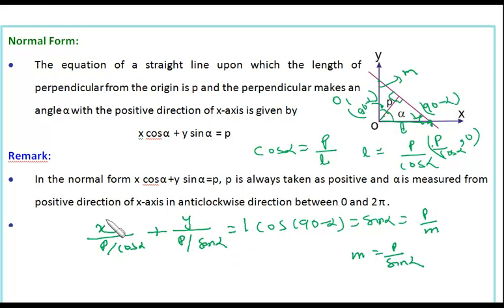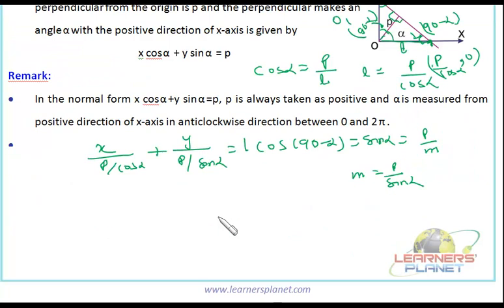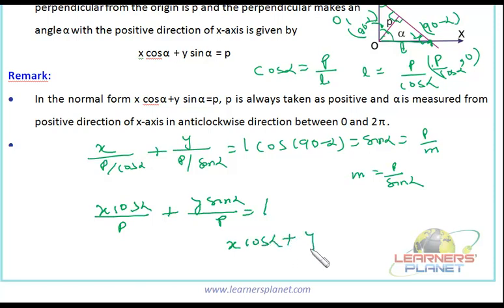That is the intercept form: x upon intercept on x-axis plus y upon intercept on y-axis is equal to 1, right? So here x cos alpha by P plus y sin alpha by P is equal to 1, or we can say x cos alpha plus y sin alpha is equal to P.